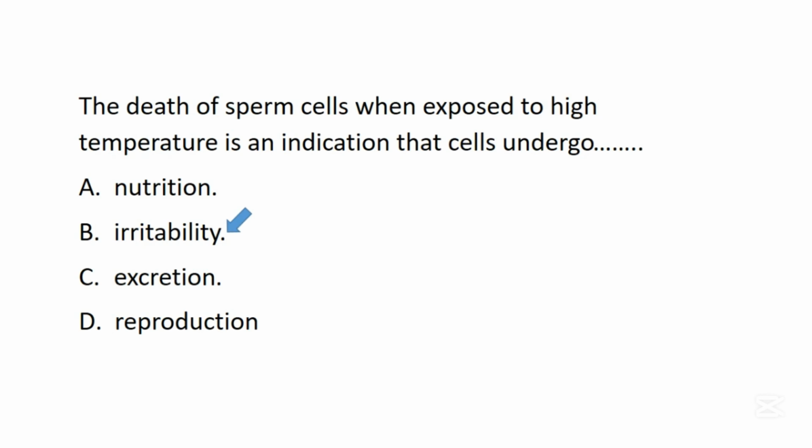So different cells respond to different stimuli. So when sperm cells are exposed to high temperature, they will respond negatively to that high temperature. And the death of these sperm cells is a negative response to high temperature.